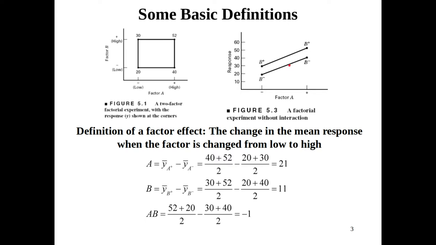What is a peculiar thing that you will notice about this plot is that these two lines are almost parallel to each other, and that is the indication of no interaction effect. I will show you another graph of how these lines show up when there is a significant interaction.